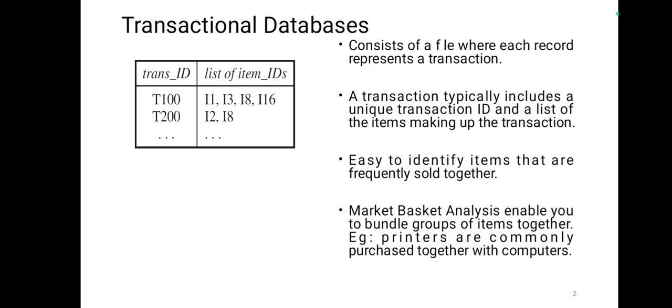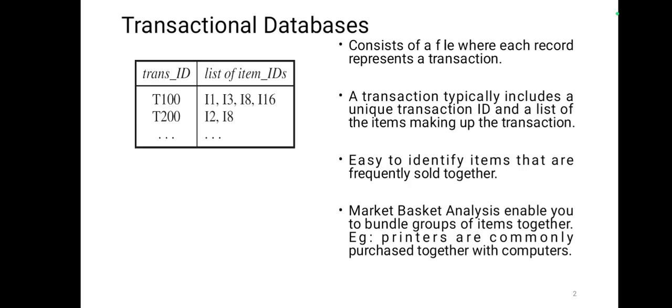For example, I am going to a grocery shop and purchasing a list of items, say I1, I3, I2, I8, I16. This list of items can be repeated, but my transaction ID will not be repeated. This way we will be able to track down the transaction.